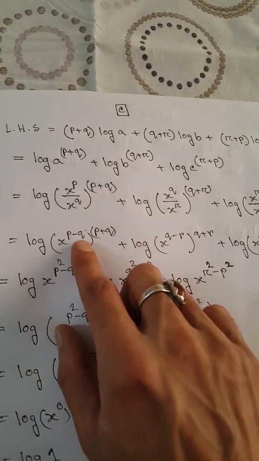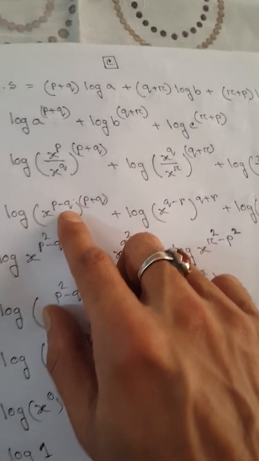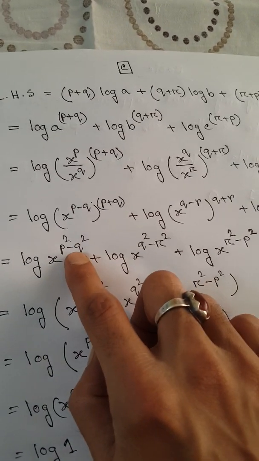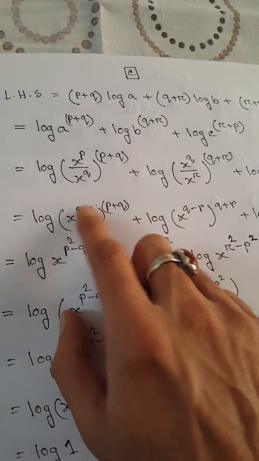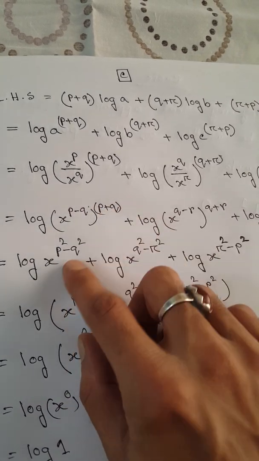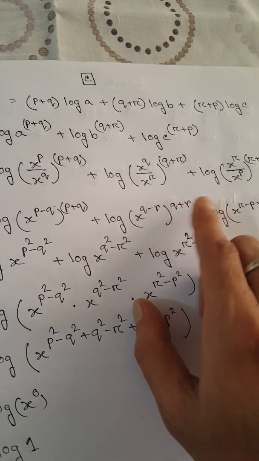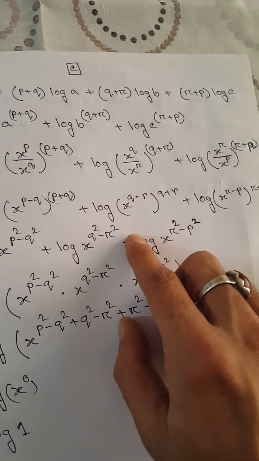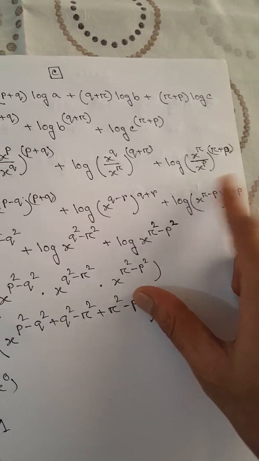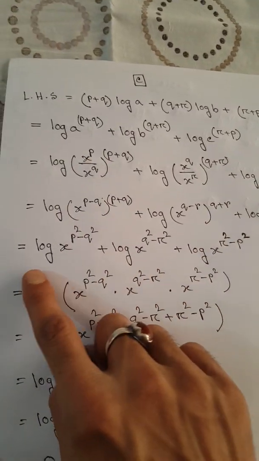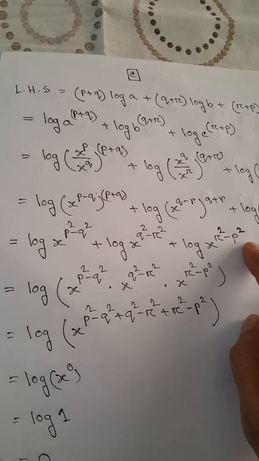Again the basic we learned earlier: this power and this power will be multiplied. Why? Because there is only one base, so p minus q and p plus q will be p square minus q square. These two if we multiply, it will become q square minus r square, and these two powers if we multiply, it will become r square minus p square. Now this line has been done.